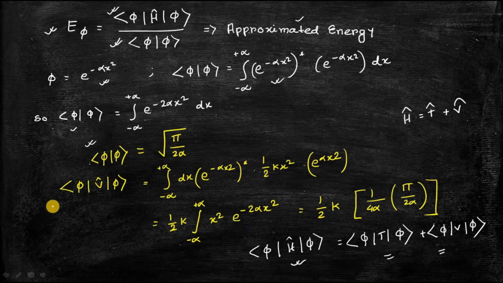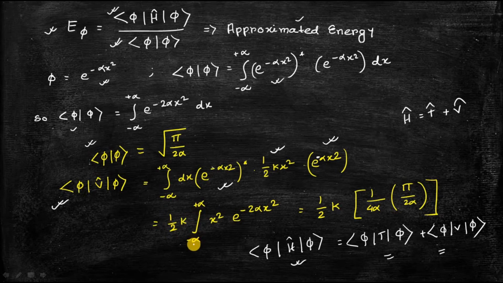Now suppose this integral is like this. You can see that phi is e to the power minus alpha x square, the potential energy operator is half k x square, and then again phi, this wave function, e to the power minus alpha x square. Now this will be plus, and a minus term will be there. The constant k is taken out from the integral.